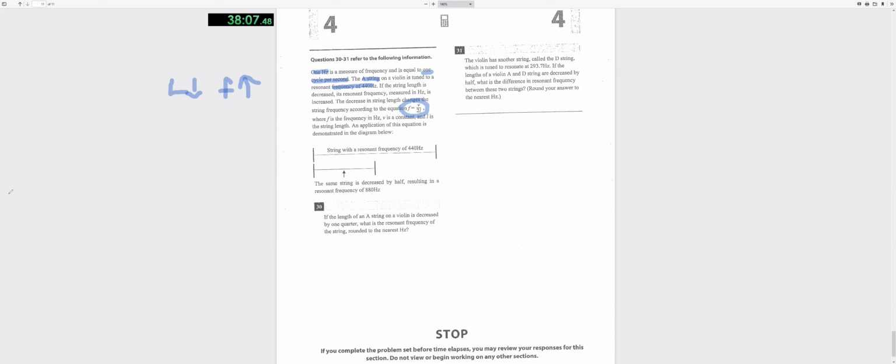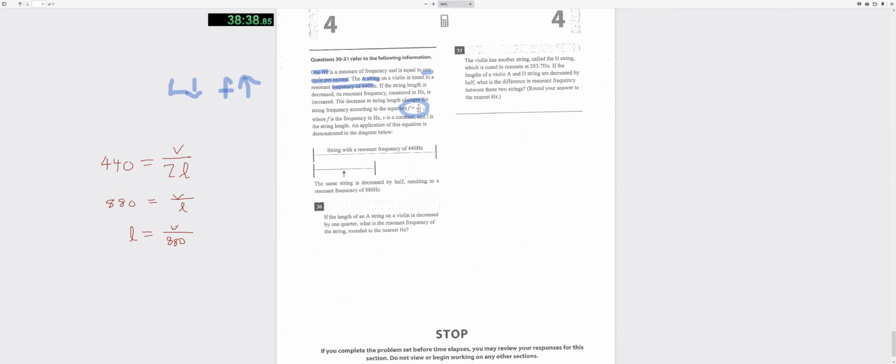We know that an A string has a frequency of 440, which is equal to V over 2L. How does this help us? If we double both sides, we get 880 equals V over L. What I really want to do is solve this for L, so L is equal to V over 880 if I shift some stuff around.